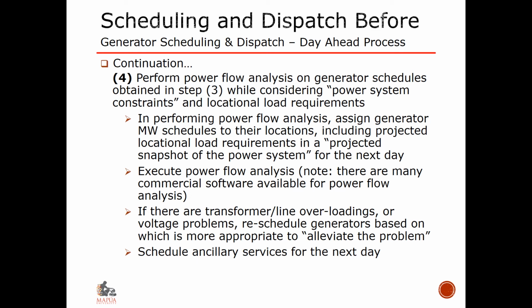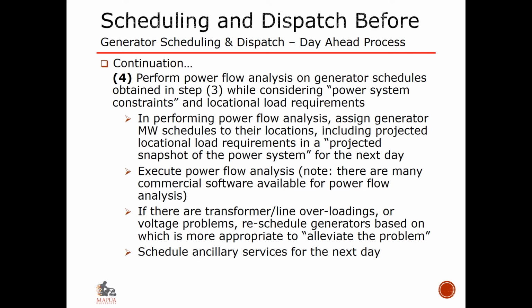For transformer or line overloadings, you have to push back the schedule of the generator that's overloading the line, and eventually you have to find another generator which you have to increase to recover that generation that was scheduled down, so that you alleviate the problem of the congestion due to the overloading.